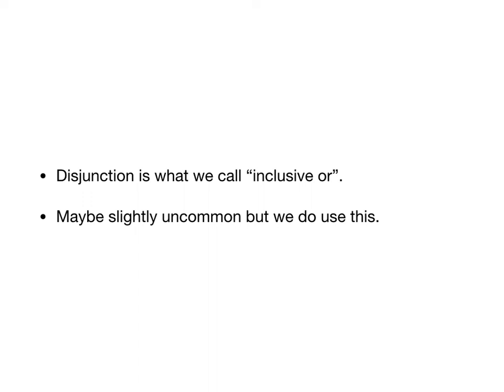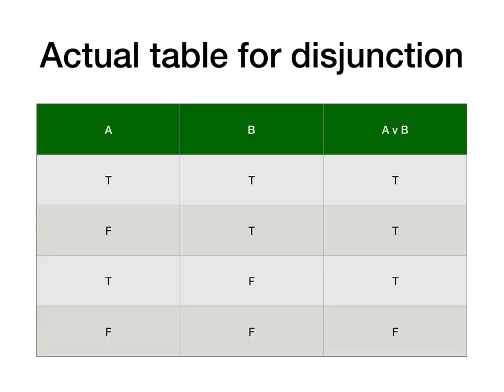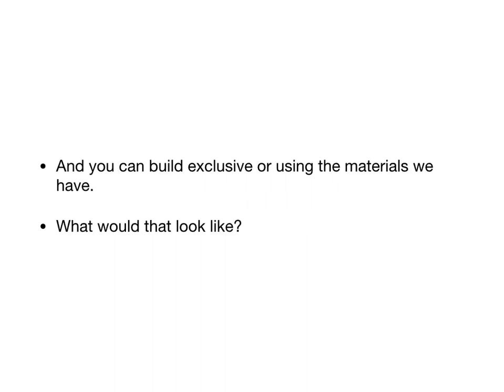This is the inclusive or, and disjunction as we use it in symbolic logic uses the inclusive or, which we use in English, maybe slightly less common than the exclusive or, but it's not utterly bizarre, right? And you can represent the exclusive or using the materials we already have on the table.